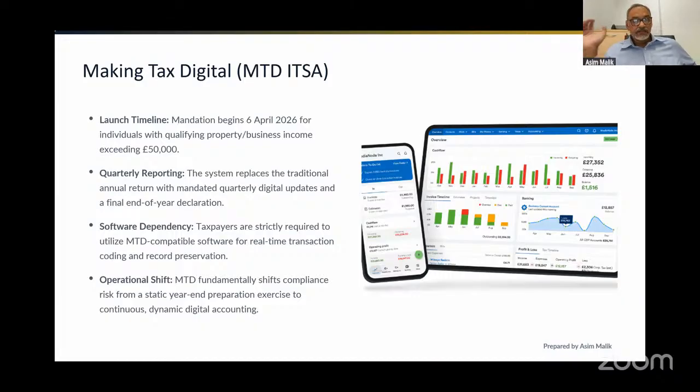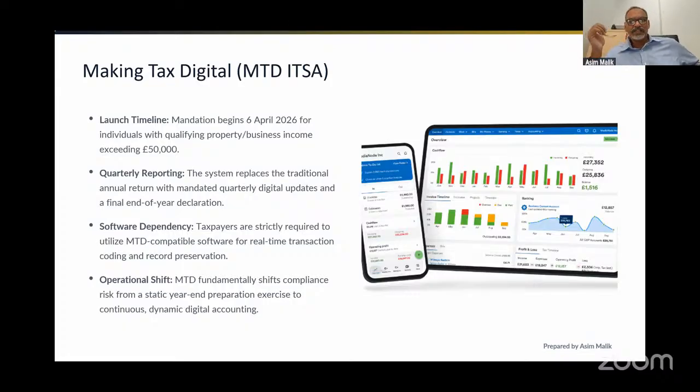Like I said, for a tax return, HMRC has opened up its own portal for the taxpayer to do a tax return. But in the MTD case, you now have to rely on commercially available software. Common software includes Xero, QuickBooks, Sage, FreeAgent.